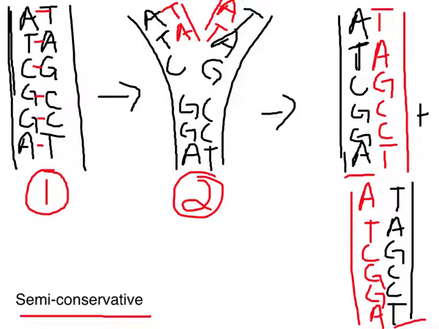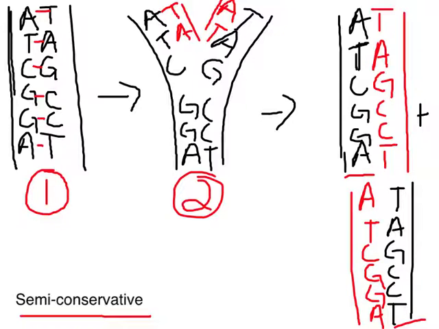And you'll notice that each new DNA that we create here, each copy, has one original piece in it, so we're reusing half of the DNA, plus the red, which is the new piece of DNA. Okay, so this is semi-conservative because each of the new copies of DNA contains half original and half new DNA. So that's why we say that.